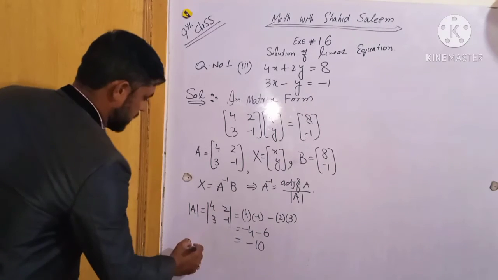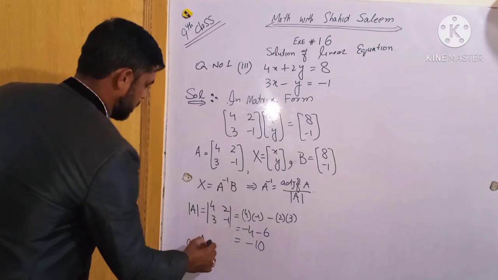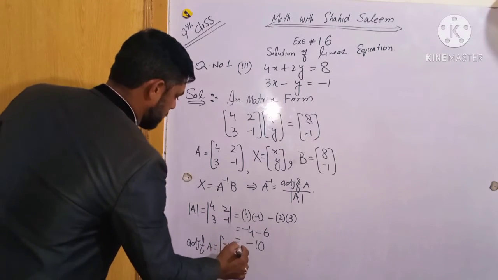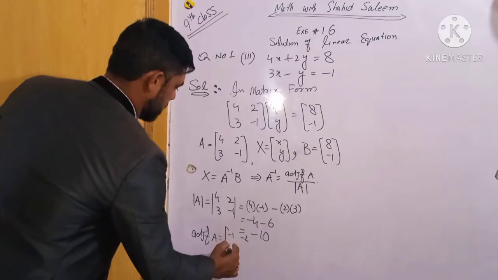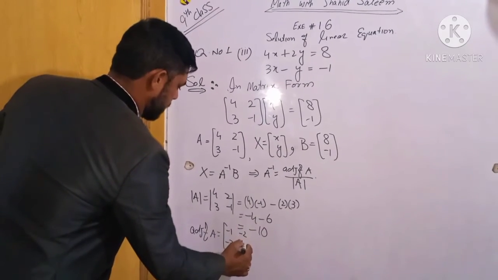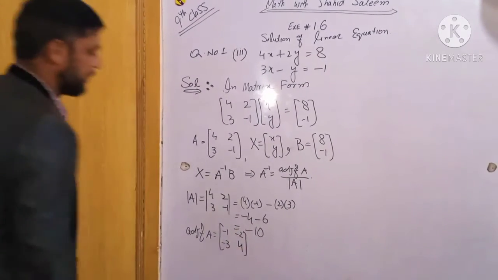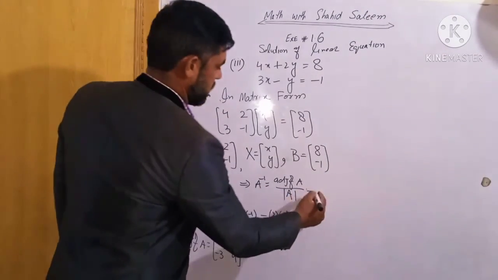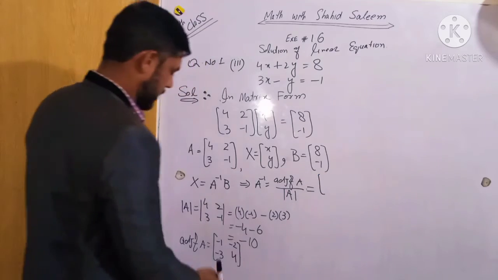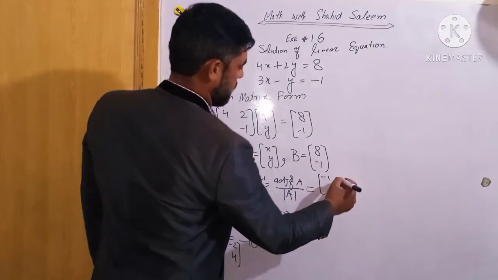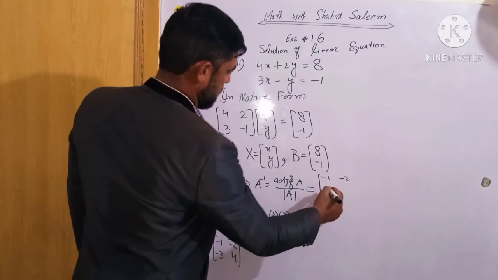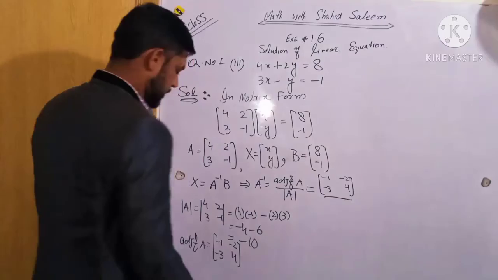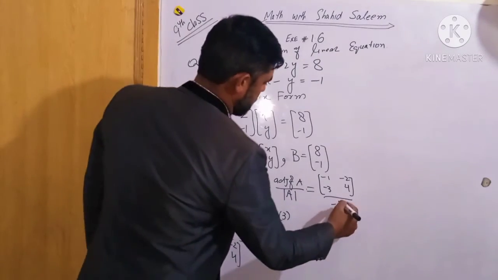And adjoint of A equal to [-1 -2; -3 4]. Now we find A inverse equal to, here A adjoint is [-1 -2; -3 4] over A magnitude equal to minus 10.